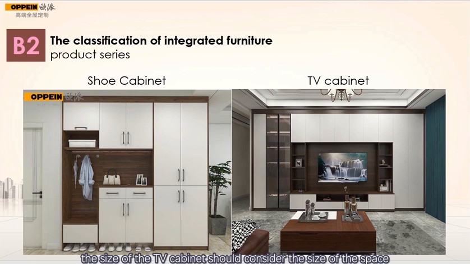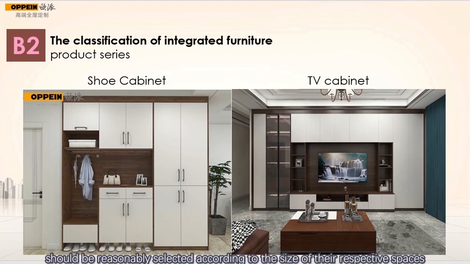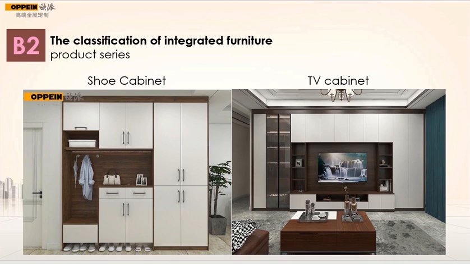For a TV cabinet, the size of the TV cabinet should consider the size of the space. The TV cabinet in the bedroom and the TV cabinet in the living room should be reasonably selected according to the size of their respective spaces, so as to ensure the reasonable use of space.